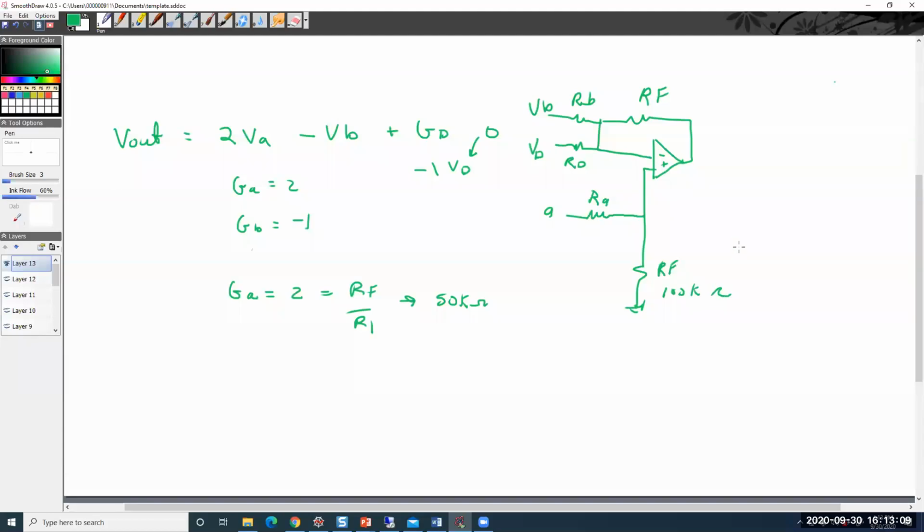Again, because I tend to start with 100 kiloohms. All right, so that's good. GB equals minus 1 equals minus RF over RB, oops, that should have been A, RB. And again, we get back our 100K. And not only that, but the GD was minus 1.